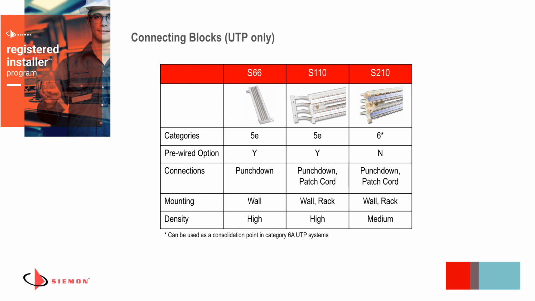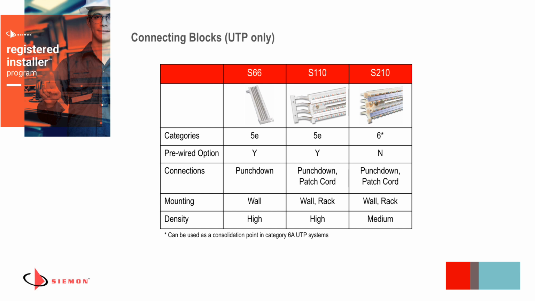A little bit more commonly used for some higher speeds, and because it has some more modularity in terms of ability to use test adapters and patch plugs, is the S110 connecting block, which is Siemens' version of the 110 connecting block. So it's designed to be wall or rack mountable, still limited to Category 5E, still has some pre-wired options for some lower speeds, but does have the ability to support mounting on a rack as well as a wall.